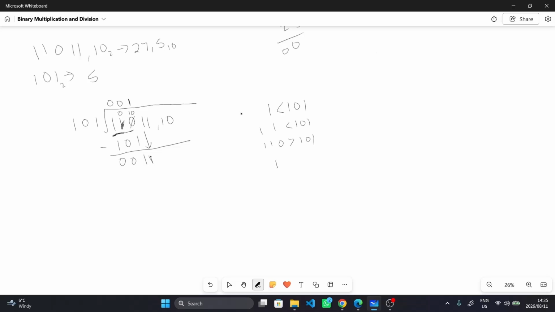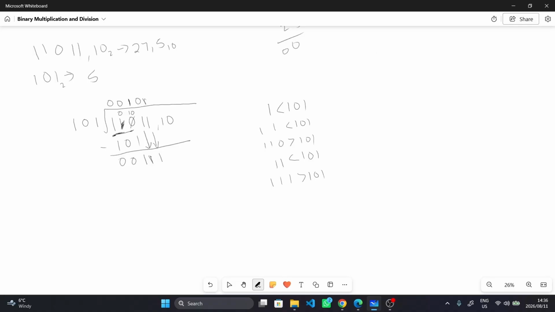And then we check again this one. Is it bigger than or less than? We said it's less than 101, right? So you put a 0 there. Then we bring down the other one. Now we check, is this bigger than or less than? If you check, it's bigger than 101, right?